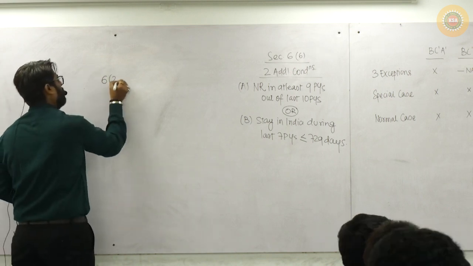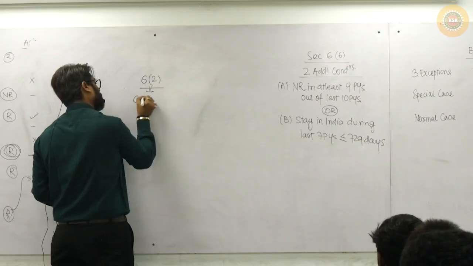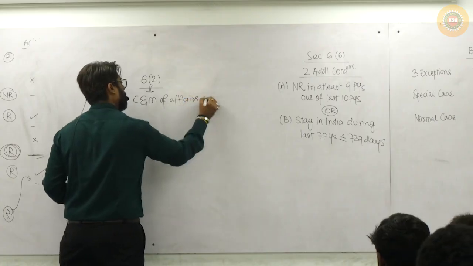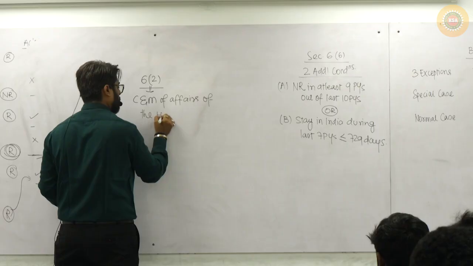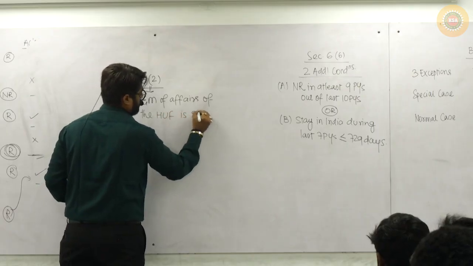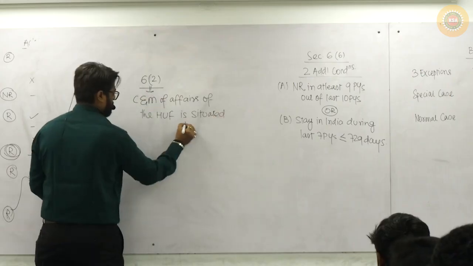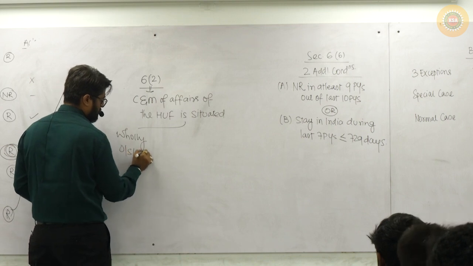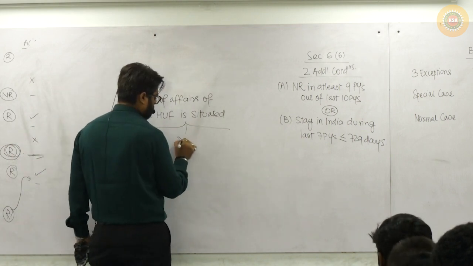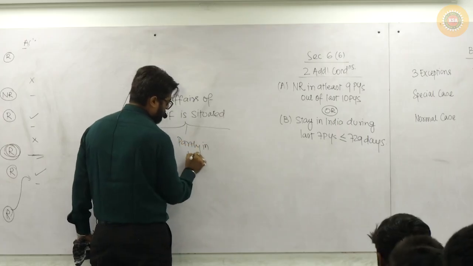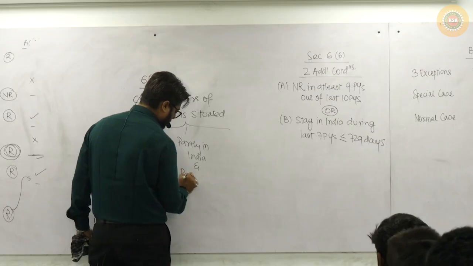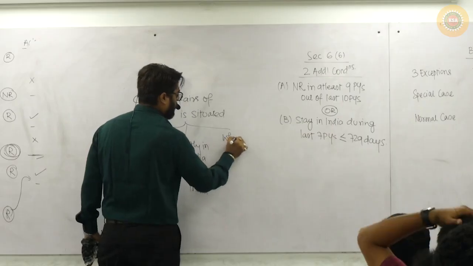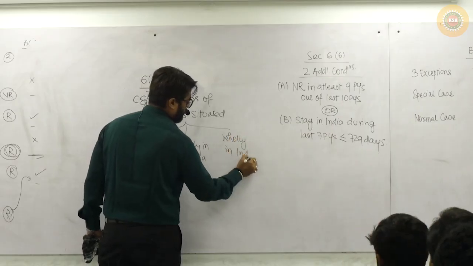6(2) says that the control and management of the affairs of the HUF is situated wholly outside India, partly in India and partly outside India, or wholly in India.